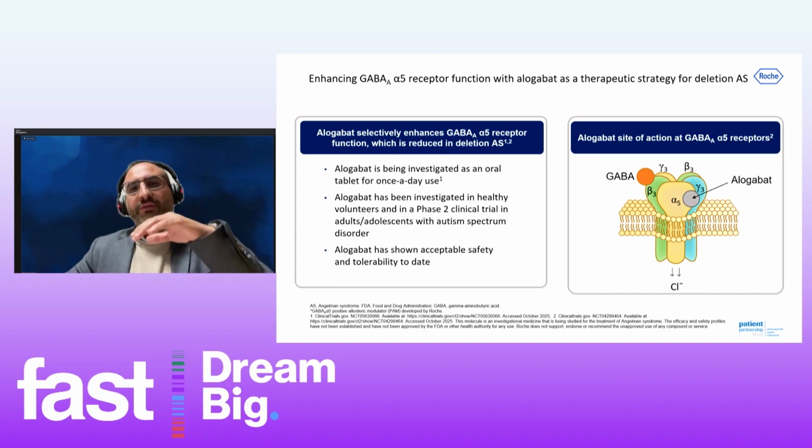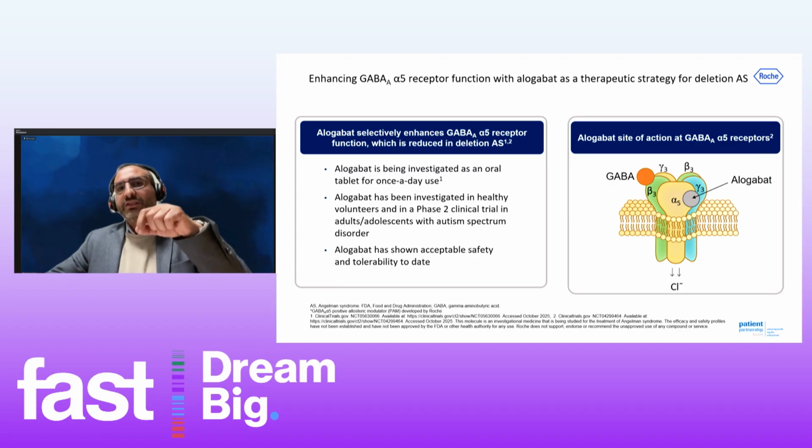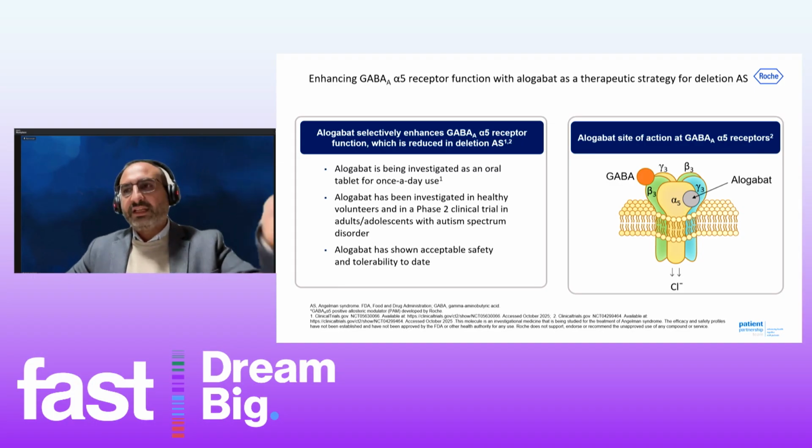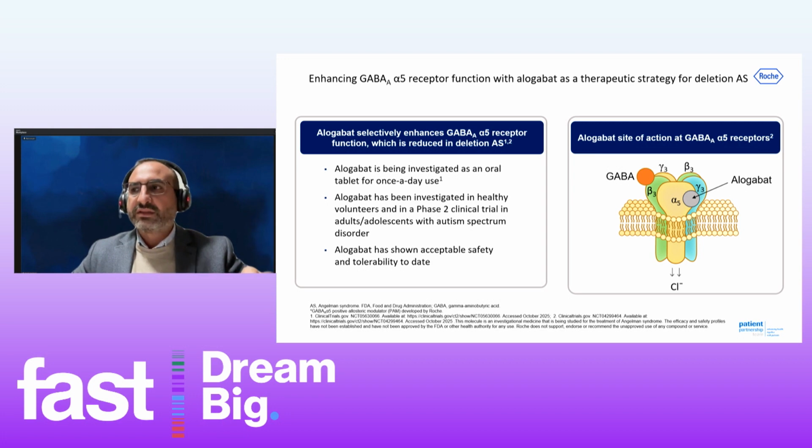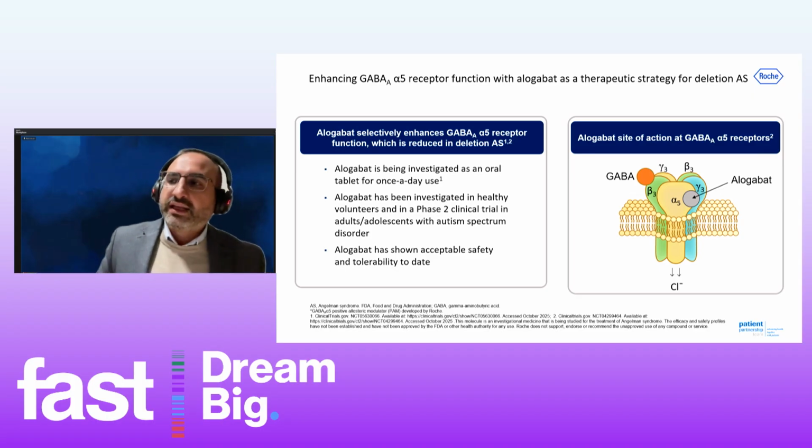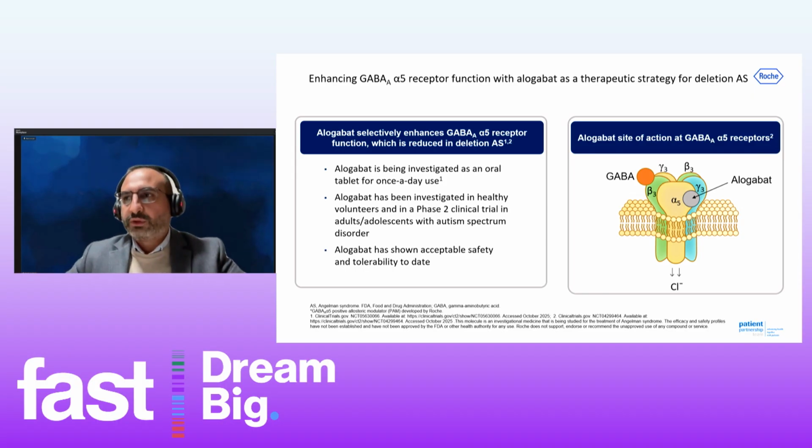It has been investigated before in healthy volunteers and also in a phase 2 clinical trial in adults and adolescents with autism spectrum disorders. Alogabat has shown an acceptable safety and tolerability profile to date. And currently, as I just mentioned, it is investigated in a study called Aldebaran for deletion Angelman syndrome patients. Next slide, please.